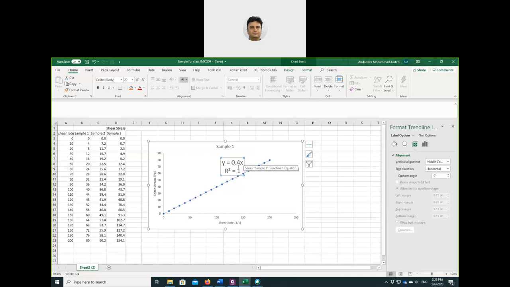So what is the viscosity of sample 1? The viscosity of the Newtonian fluid comes from this one, 0.4. The viscosity is 0.4.